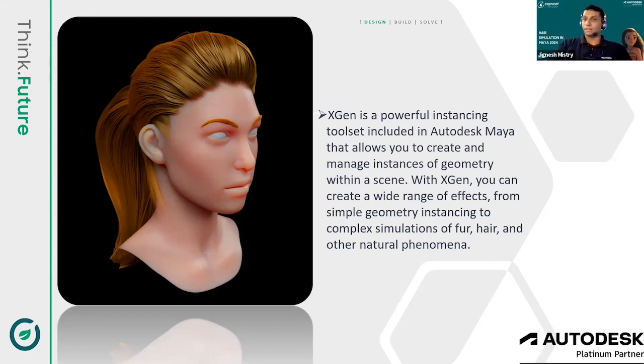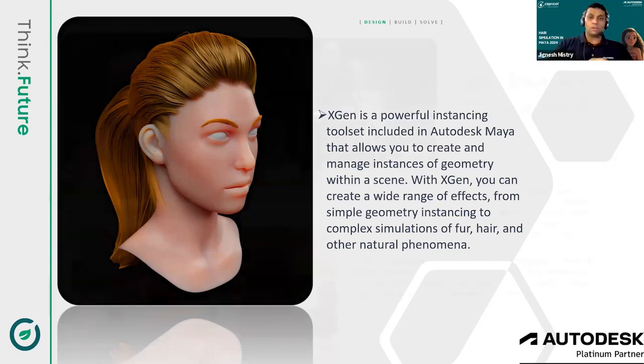This is something that I can actually work on, and it would be presentable in rendering. So within Maya, this is something you can come up with. It can give you fur, hair and natural simulation and phenomena. That's the main purpose of XGen.